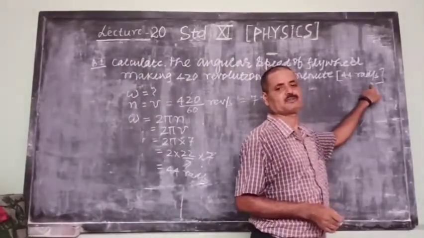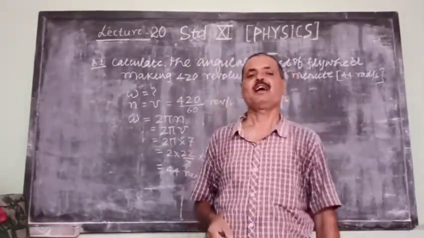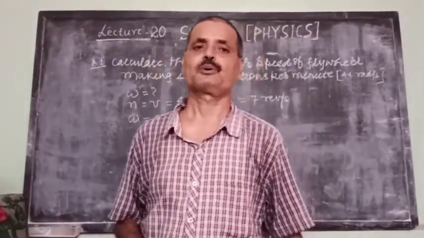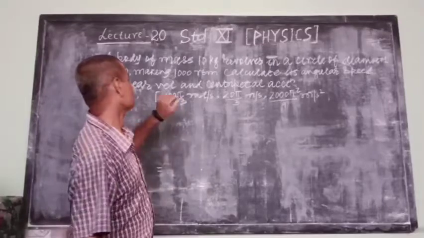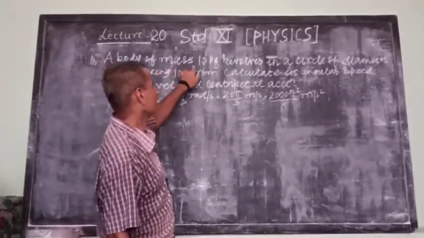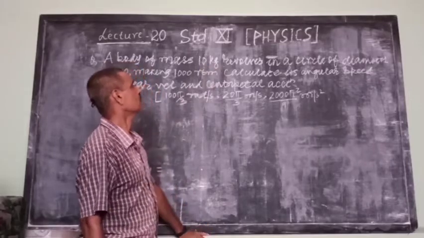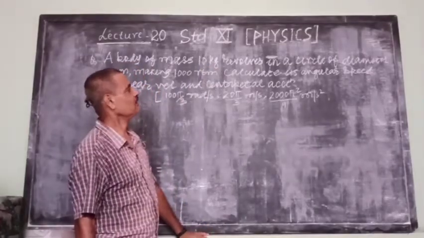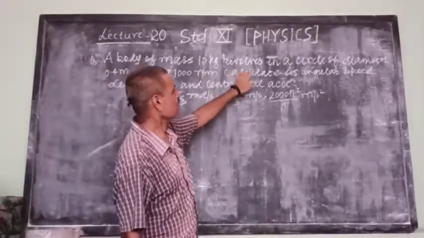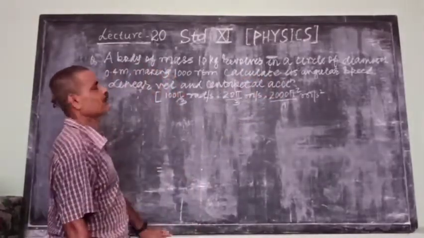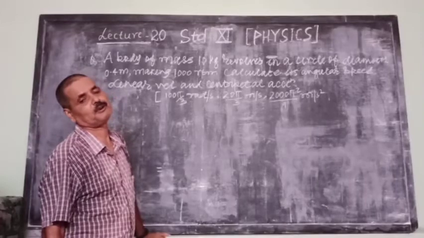Okay, this was the very first, and another example can be put before you. I have to calculate 3 items in this question. A body of mass 10 kg revolves in a circle of diameter 0.4 meter.